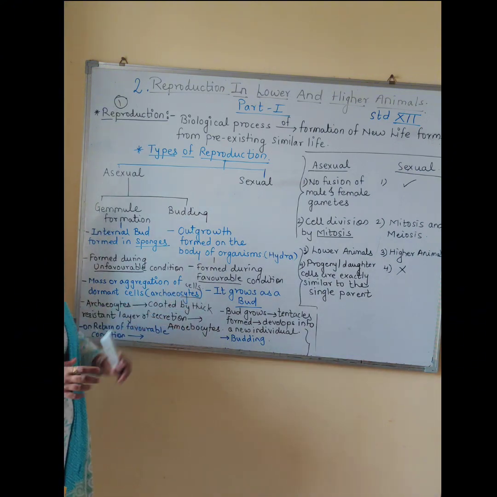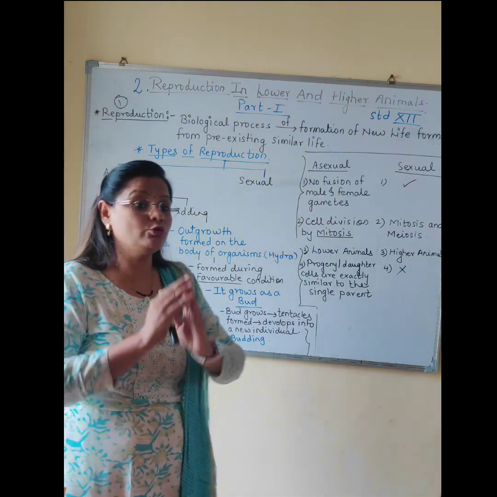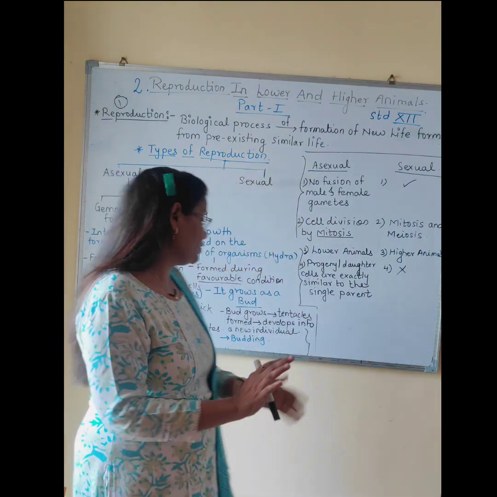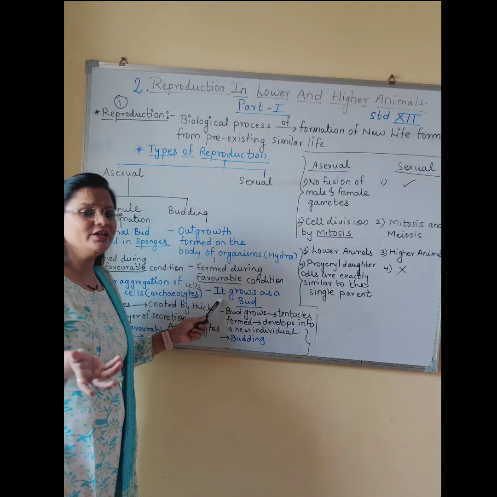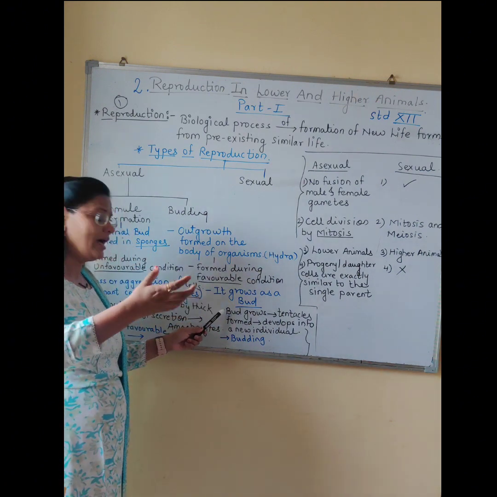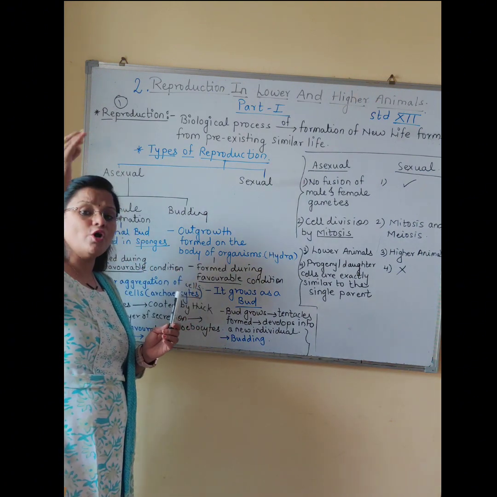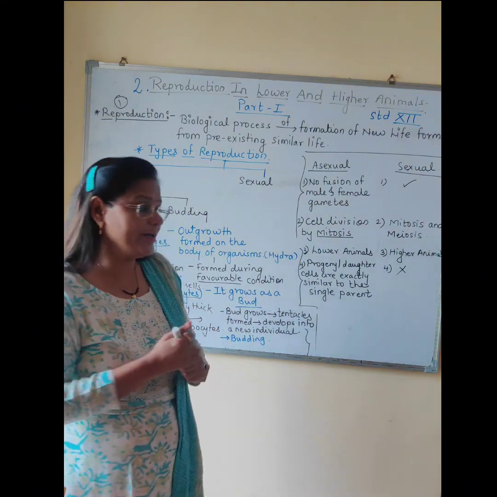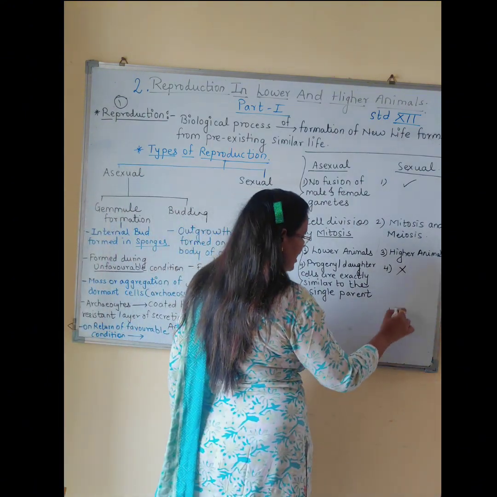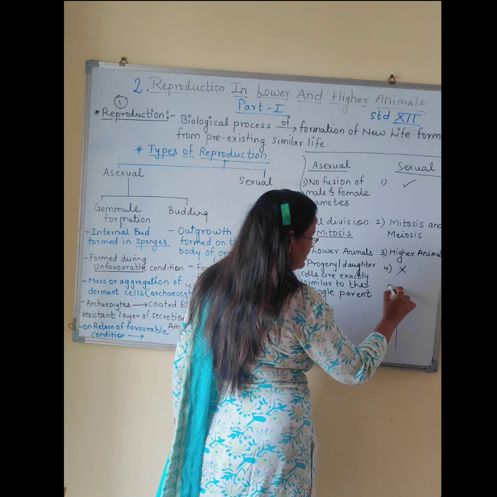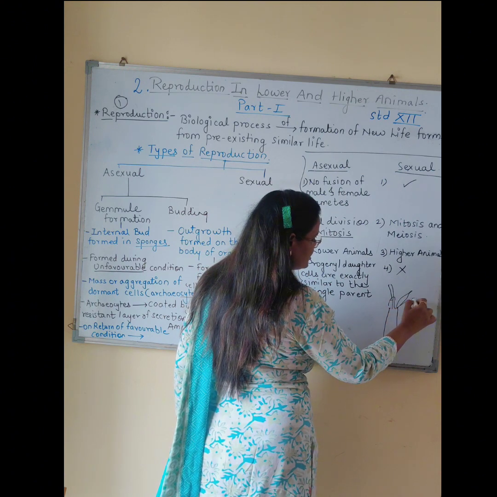Okay, here the bud is formed in favorable conditions, so it does not need a cover. So here it generally grows as a bud, an outgrowth, and these buds then form tentacles. We can see tentacles; suppose this is the hydra, and these are the tentacles of the hydra.